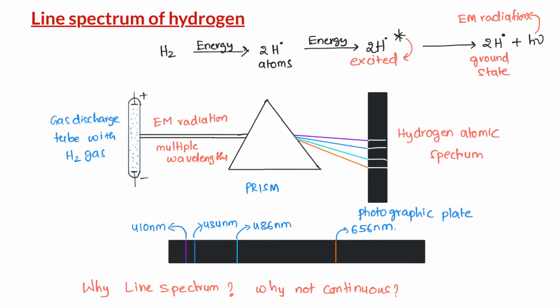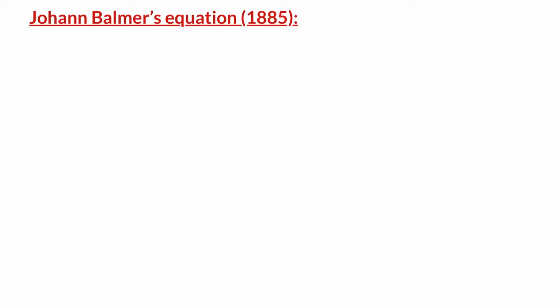Very soon, the scientists started realizing that the line spectrum of the atoms gives us a great deal of information about the electronic structure of the respective atoms. In the next few topics, we will learn the theories that used the line spectrum of atoms to explain its electronic structure. The first attempt came in the year 1885.